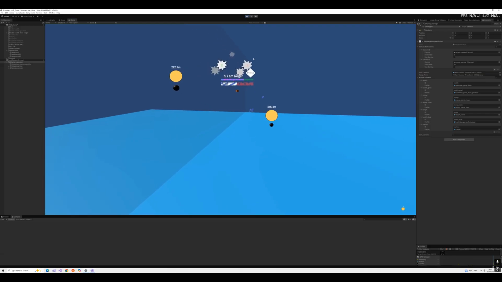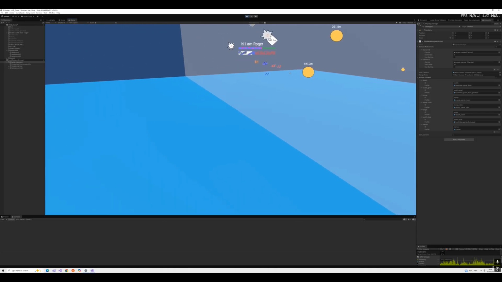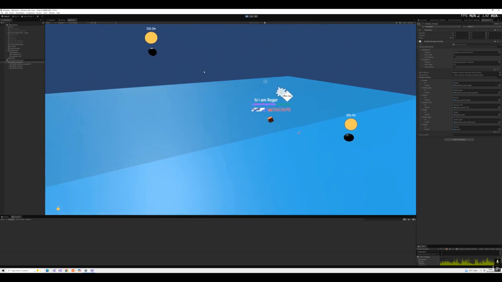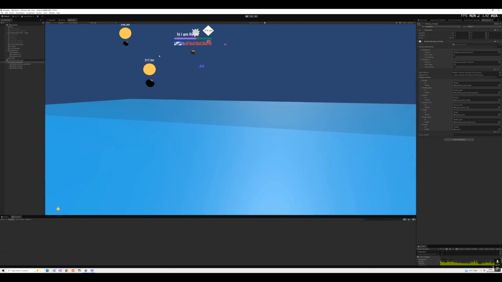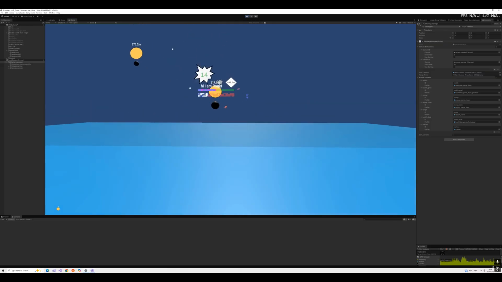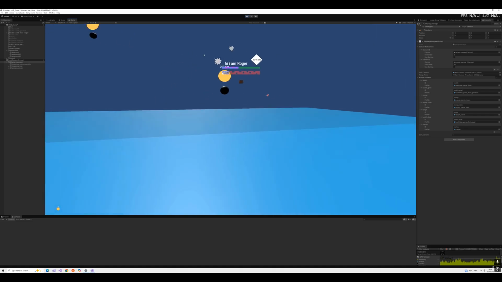So let's have a look. What's going on now? Look, Roger, I think he was in front of everything then, but he technically is behind it, so he's furthest away from the camera. He's definitely further away than that sphere, but his UI is overlapping the sphere, so that's in 3D.